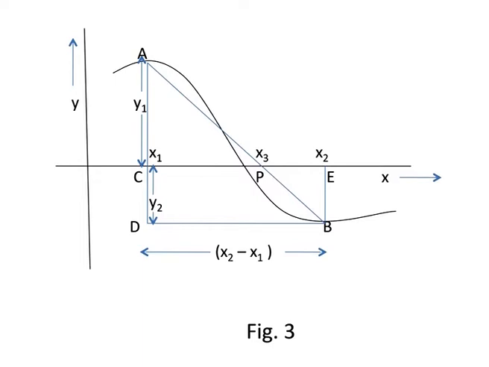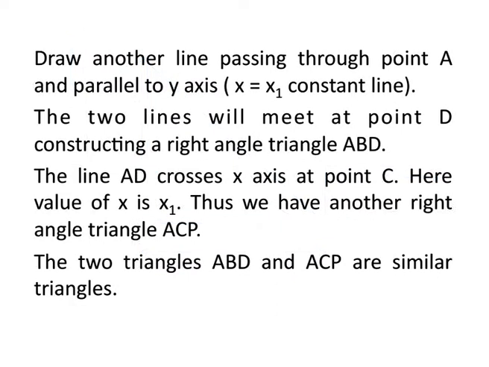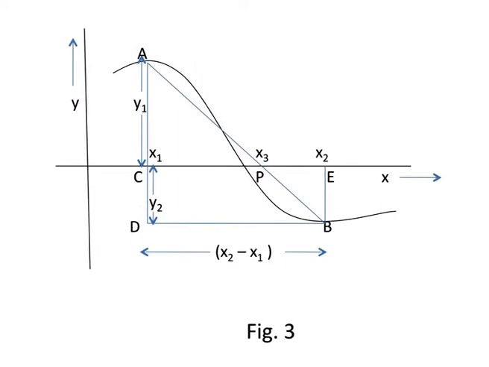The straight line passing through these 2 points will cross the x axis at point P, and there the value of x is, suppose, x3. Now, if we construct a triangle from these points, the triangle will have points A and B, and of course the point P where the line crosses the x axis, and we draw the perpendiculars and get a point D, which will give us a right angle triangle ABD.